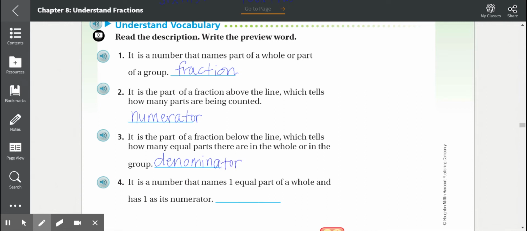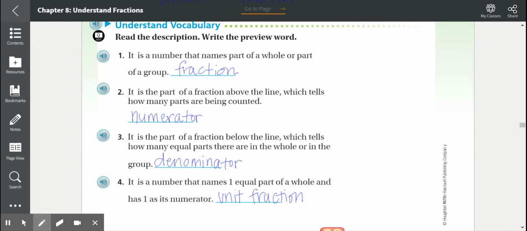And number 4, it is the number that names one equal part of a whole and has 1 as its numerator. We would call this a unit fraction. If you don't know what these words mean yet, even though we just went through them, that's okay.